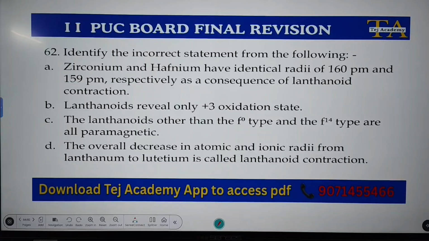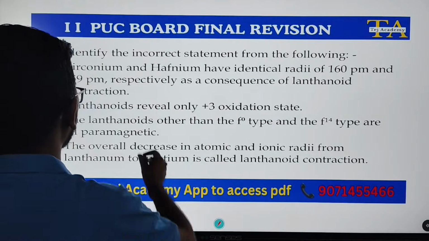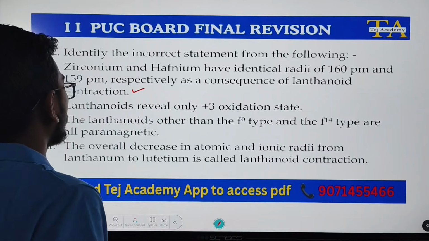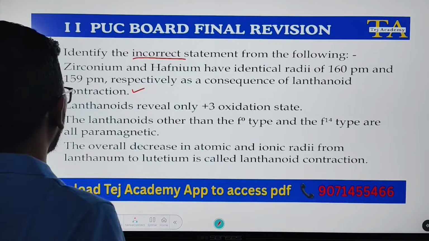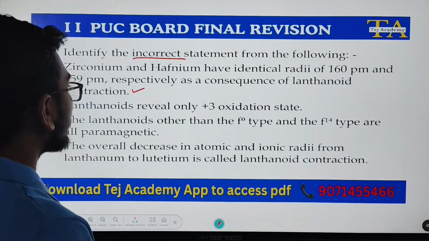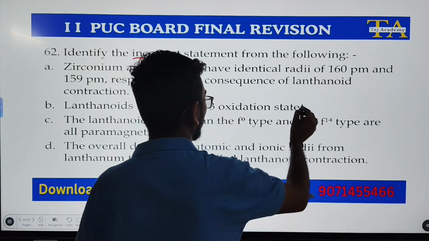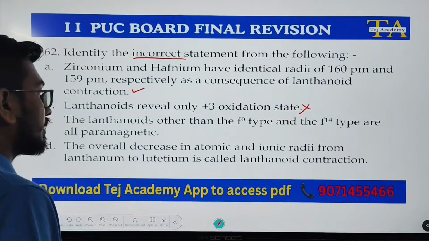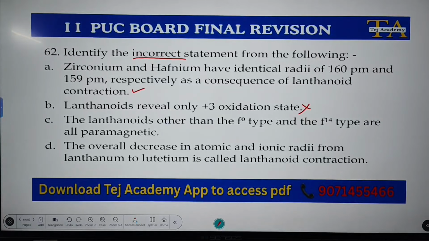Identify the incorrect statement from the following. So I have to identify the incorrect statement. Zirconium and hafnium have identical radii, 160 picometer and 159 picometer respectively, a consequence of lanthanide contraction. Correct. So they are asking incorrect. Lanthanides show only +3 oxidation state. So no, it has +3 and +4 oxidation states.